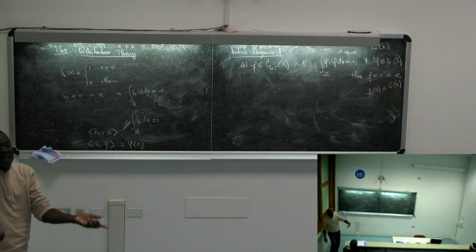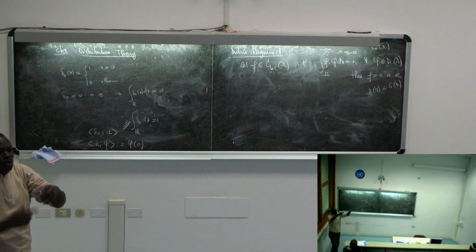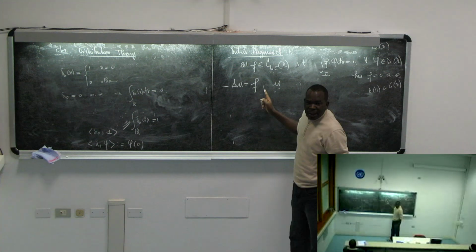And from there, we can use more general operators and try to solve and pose some partial differential equations. So if you write a partial differential equation, for example, Laplacian of u is equal to f, for this to have a meaning in the classical sense, u must be twice differentiable, because the Laplacian uses second derivatives.